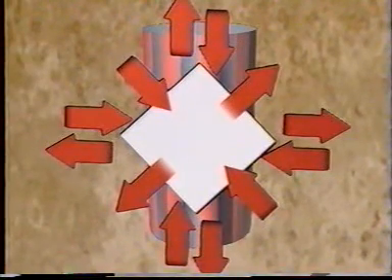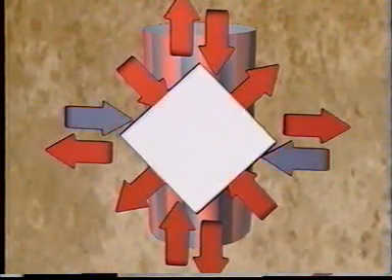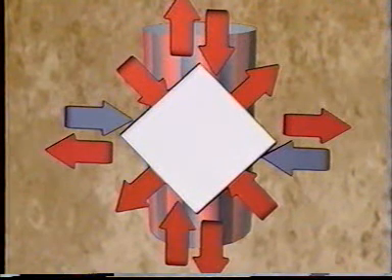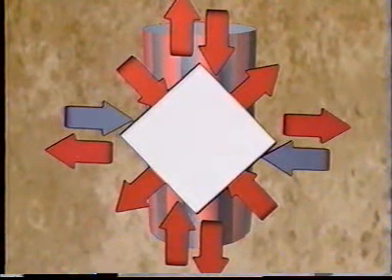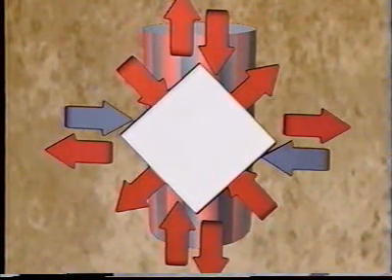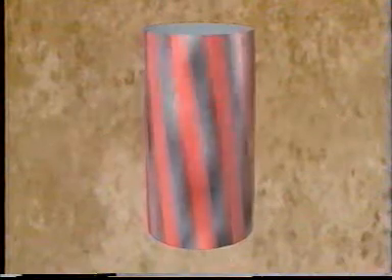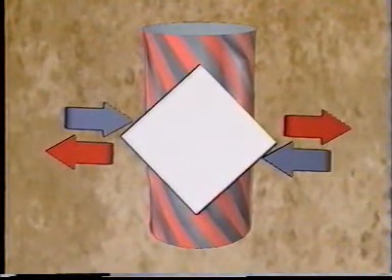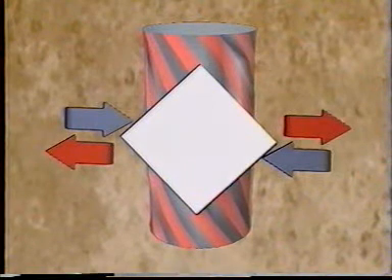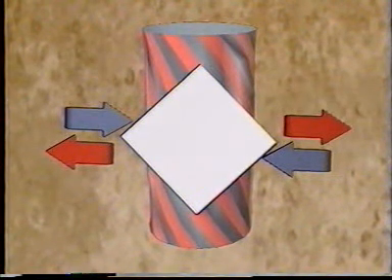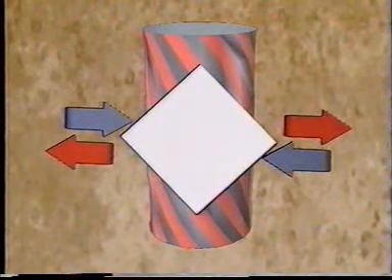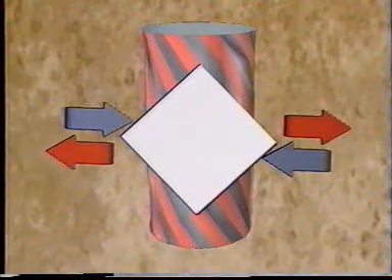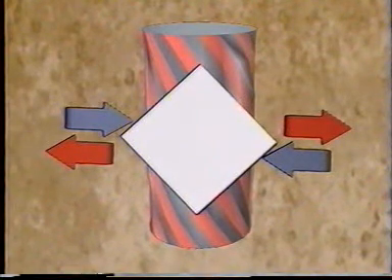Rotating the free body diagram 45 degrees inside the cylinder lines up the shear arrows in the direction of shear stresses as they might be applied to a cylinder twisted in torsion. If the cylinder is twisted at the top and bottom, the stress rotates diagonally through the section. The normal tensile stress is still perpendicular to the normal compressive stress, and both tension and compression are 45 degrees to the axis of the cylinder.